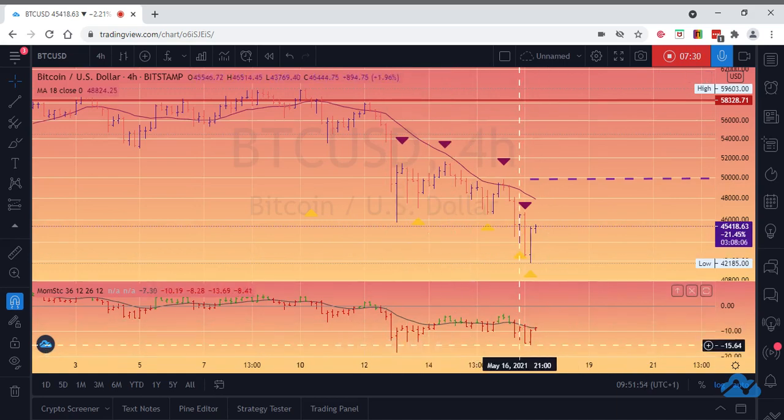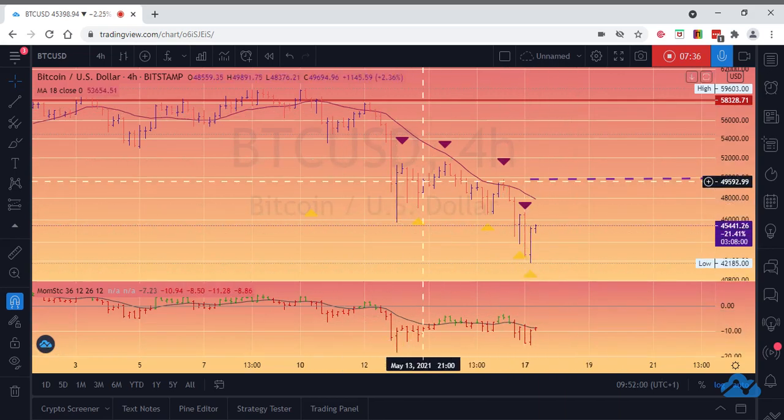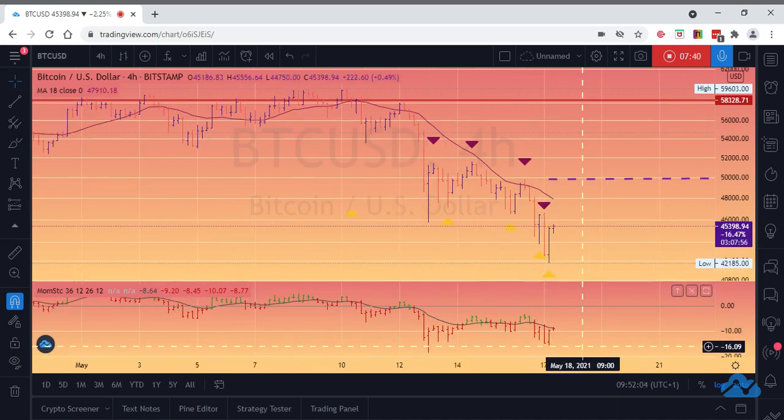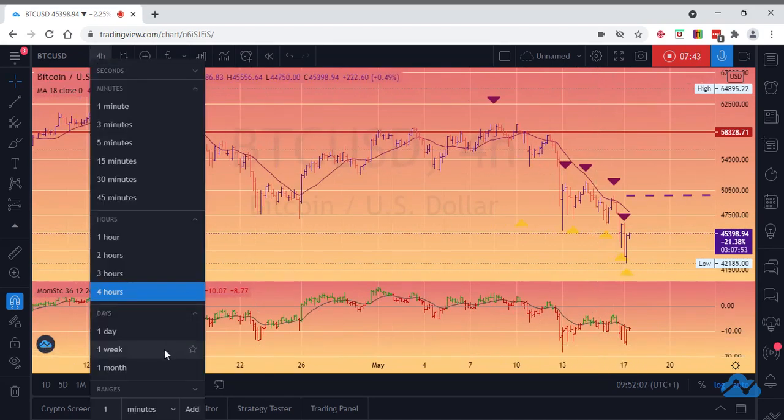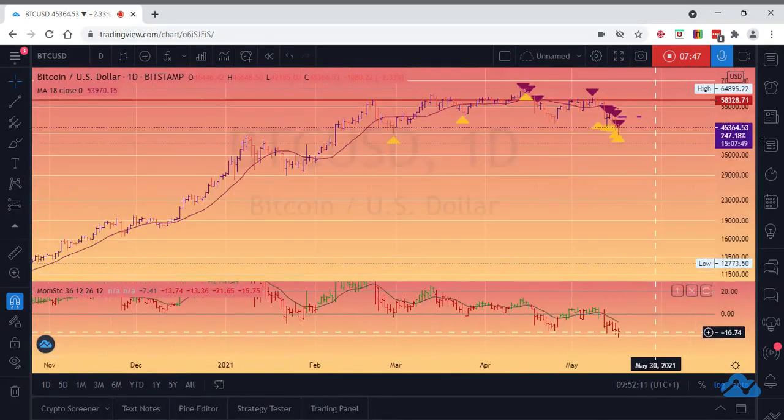So this is good. Positive divergence. Quite nicely. Look, price action is way more powerful than the actual momentum, right? Way more powerful. Let's go on the daily.